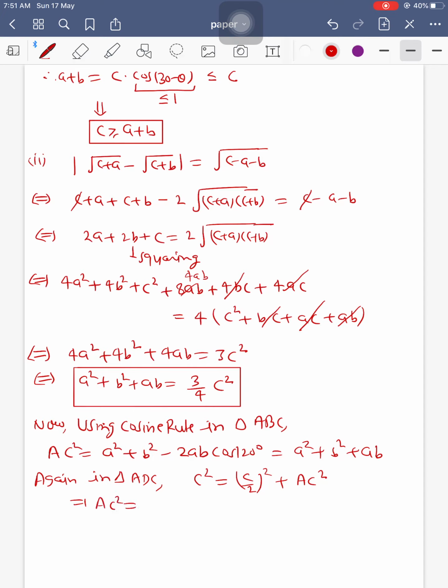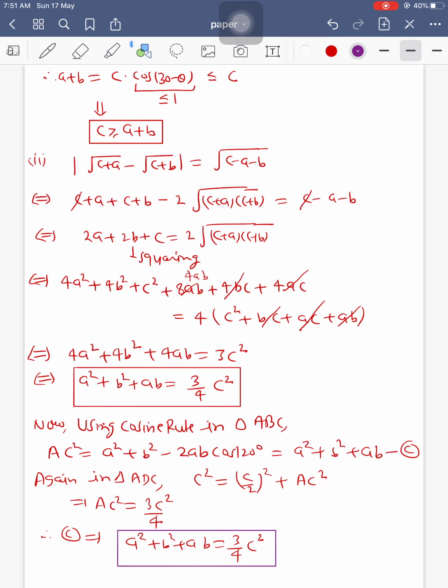This implies AC square is what? 3C square by 4. Use this result in the previous one. Therefore, A square plus B square plus AB is equals to 3 by 4 C square. Hence, we are done. Okay.